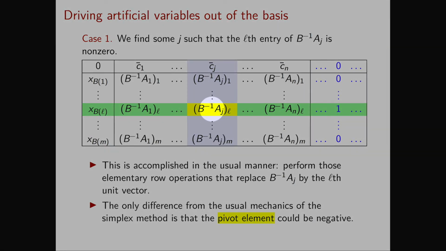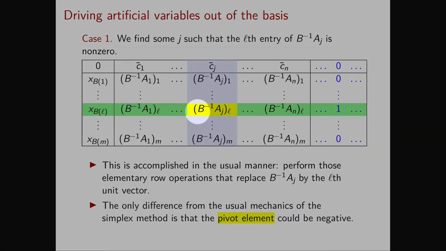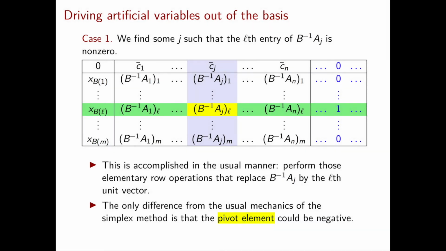So we need to obtain a 1 in the pivot element and a 0 everywhere else in the column. This is almost exactly equal to a pivot that we've always performed in the simplex method. The only difference is that in our case, the pivot element is simply non-zero, while in all our previous pivots, we always had that the pivot element was strictly positive. So essentially here, it could be also strictly negative.